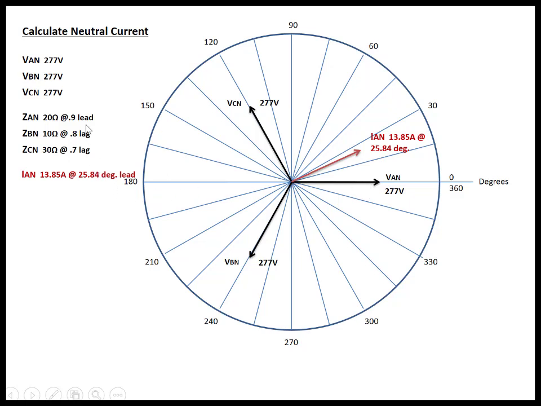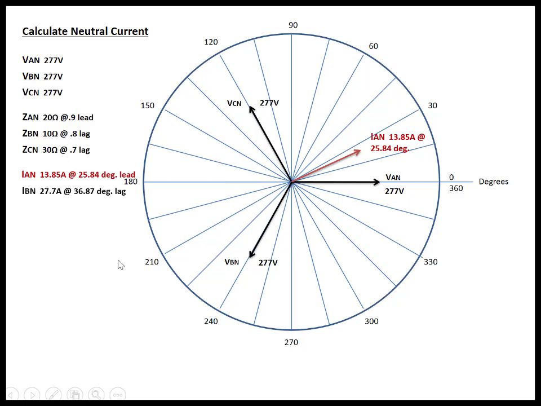We would draw this current 0.9 lead, inverse cos of 0.9 should give us 25 degrees. We need to draw the current 25.84 degrees ahead of the voltage for that phase, because current leads voltage in that phase.